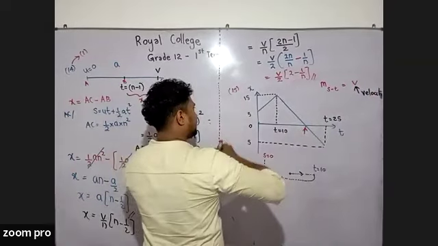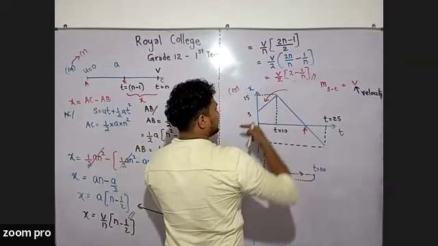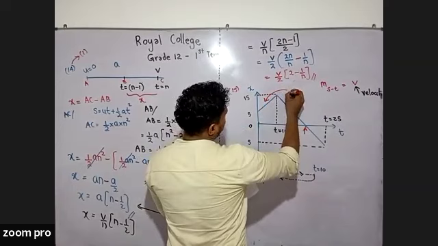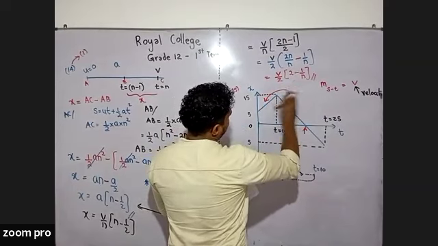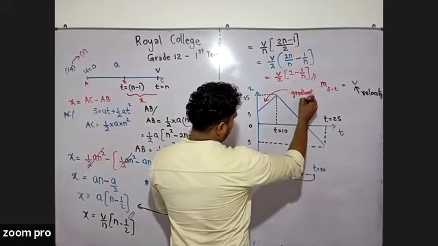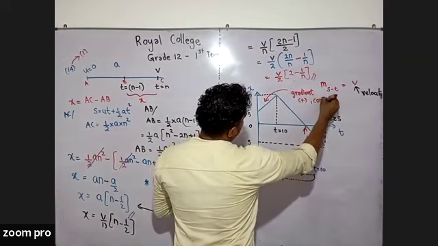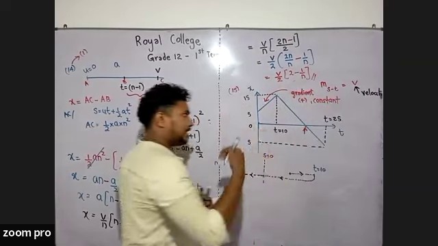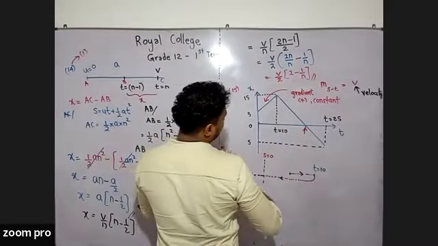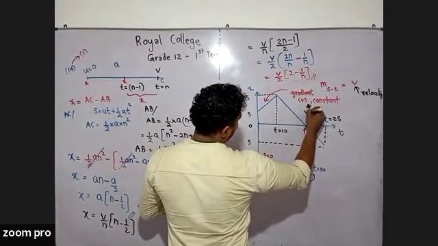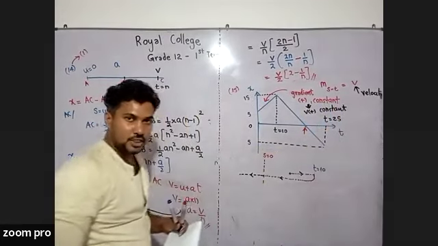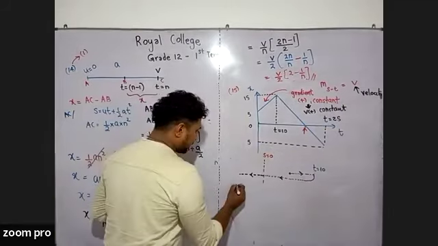Now in this graph, the gradient is positive and constant. So if the gradient represents the velocity for this portion of the graph, it should be positive and constant. So guys, if the velocity is constant, the acceleration is 0. So the A statement is incorrect.